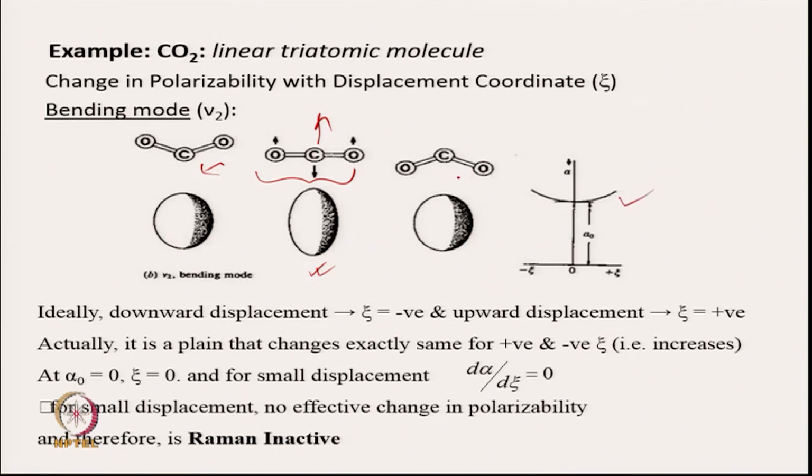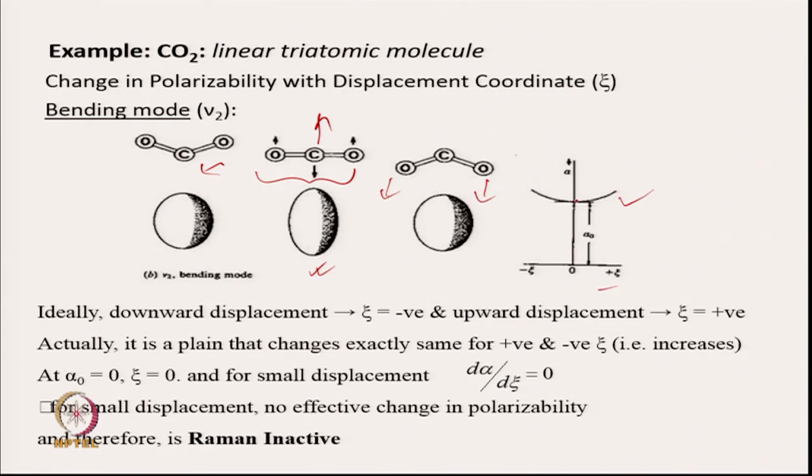Now, if you look at this case, where we are bending both CO towards downward, again volume of ellipsoid is decreasing, and that means polarizability is increasing. So, you basically get this kind of curve when you plot alpha versus E.